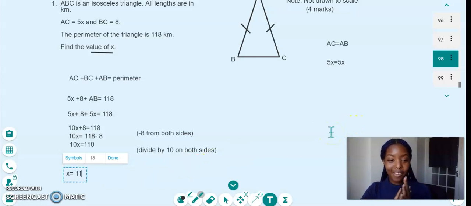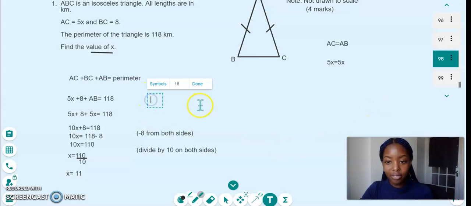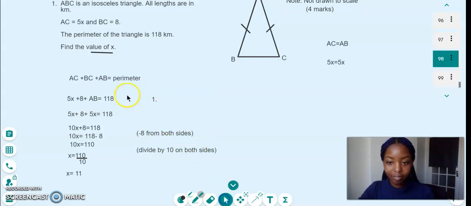Now, there are 4 marks to this question. The first mark that you'll get would be over here when you're setting up the equation, because it shows that even though you don't know what the answer is, you're still putting all of the building blocks together, and this will count as a mark. So just know that if you don't know anything, just write something down on the paper.